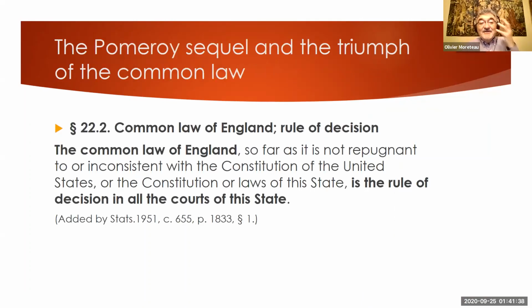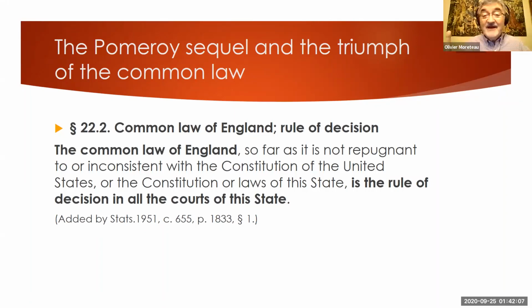And you find a Pomeroy sequel in the code. Remarkably, the preliminary provisions have been revised in 1951, and here you have this amazing provision saying that the common law of England, you read with me, the common law of England is the rule of decision in all the courts of the state.